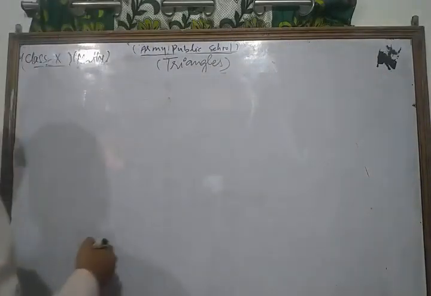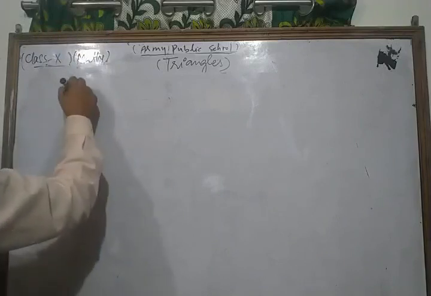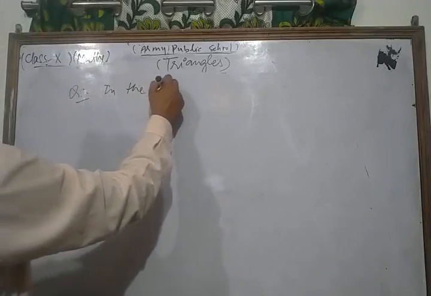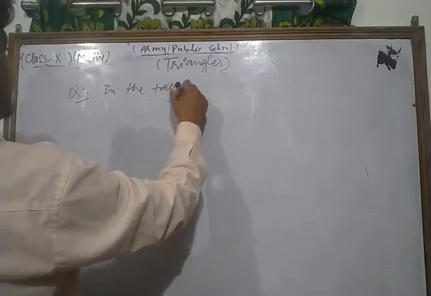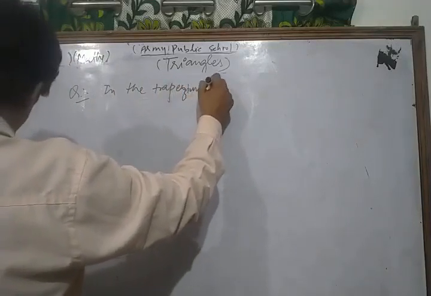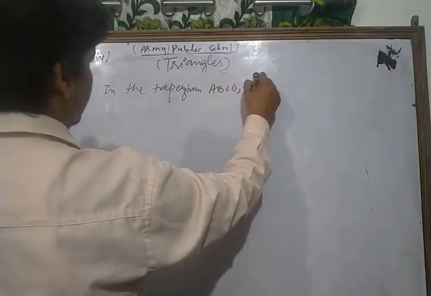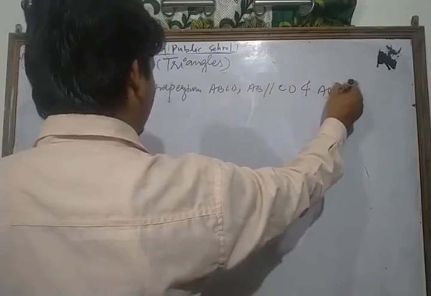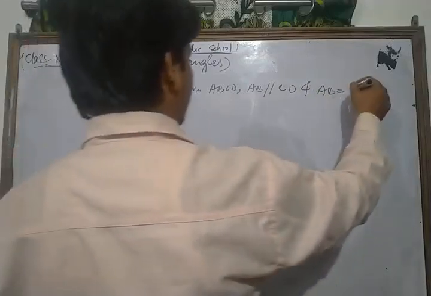Now we take the same trapezium ABCD. AB is parallel to CD and AB is equal to 2 times CD.